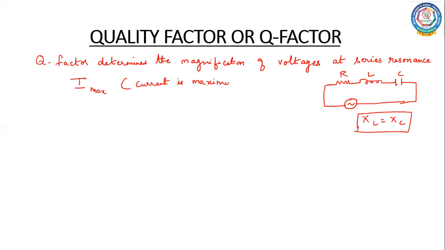So if the current is going to be maximum, the voltages across the inductor and the capacitor are also increased.